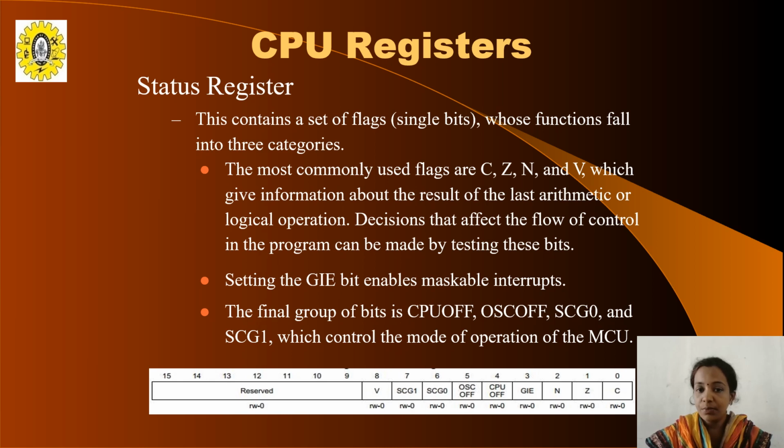Decisions that affect the flow of control in the program can be made by testing these bits. Setting the GIE bit enables maskable interrupts. The final group of bits is the CPU off, oscillator off, SCG0 and SCG1, which control the mode of operation of the MCU.